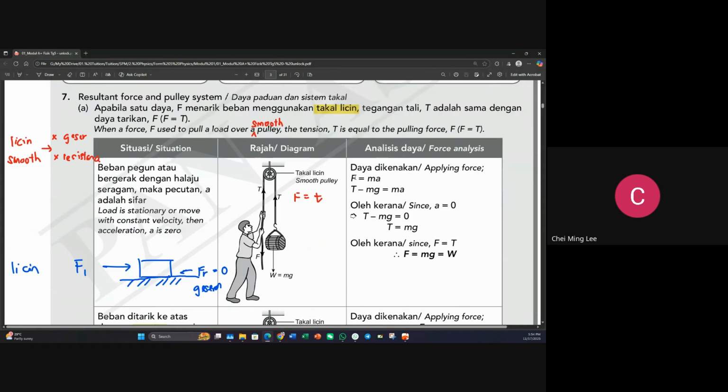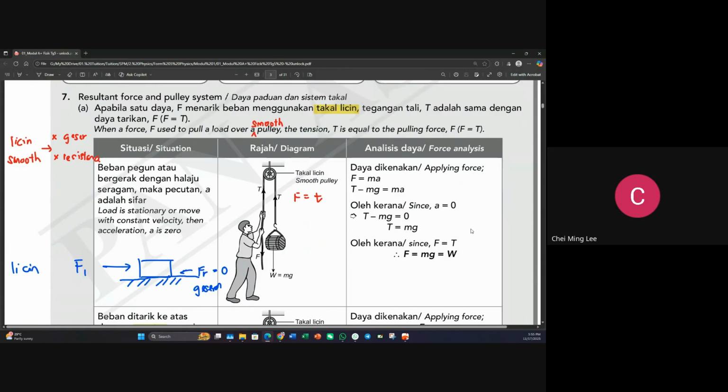When a is 0, T minus mg equals ma. Since a is 0, T minus mg equals 0, so the tension is equal to mg. Since F equals T, F equals mg, or equals the weight.